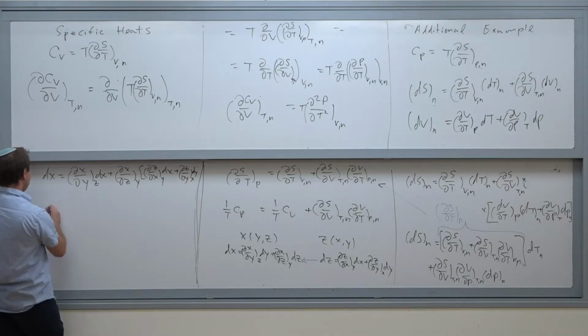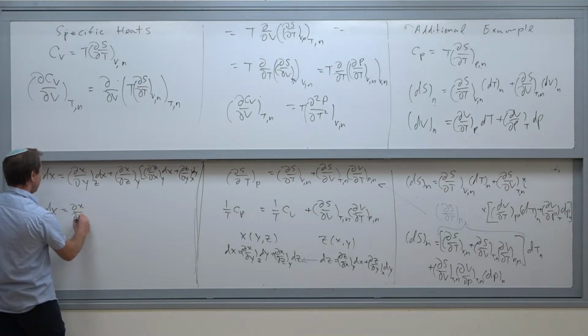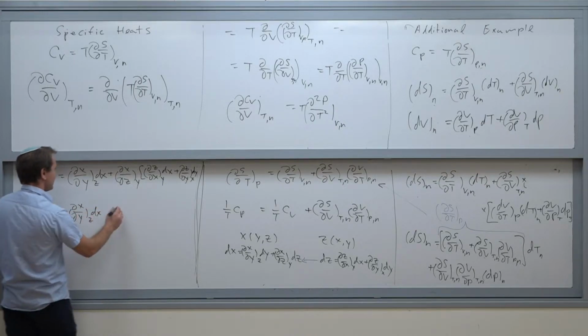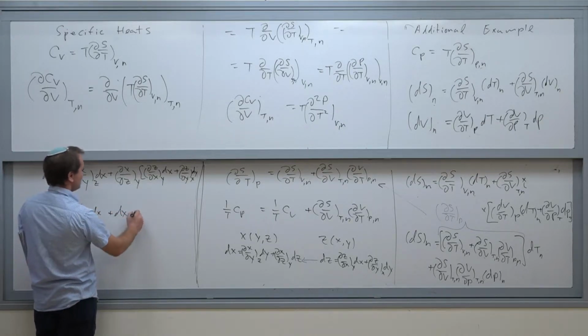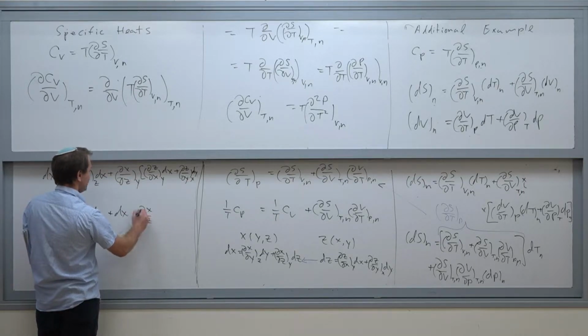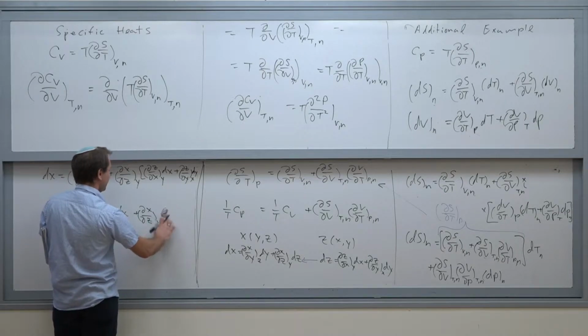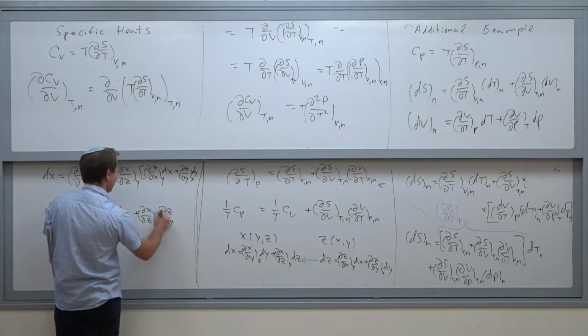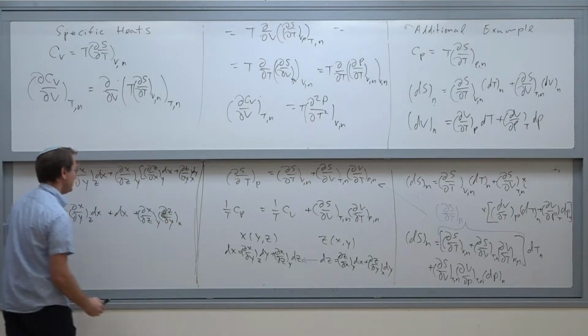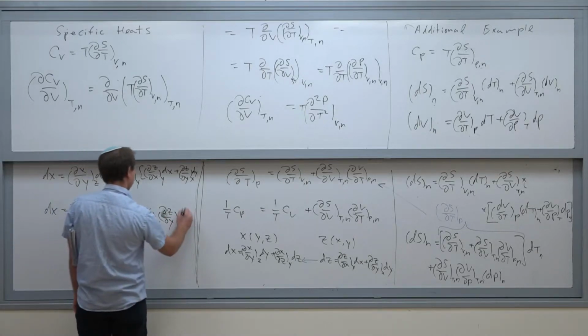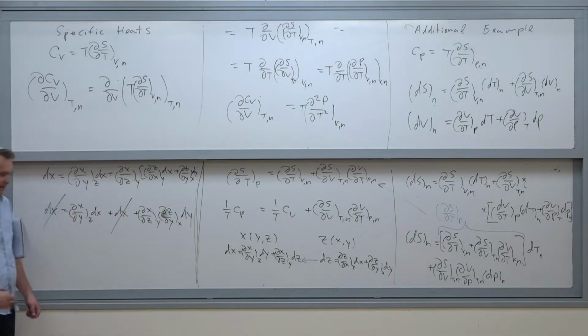So we have here that dx equals dx dy z dy plus dx dz y dz dy x dy. The dx and dx go away, and eventually what is my relation?